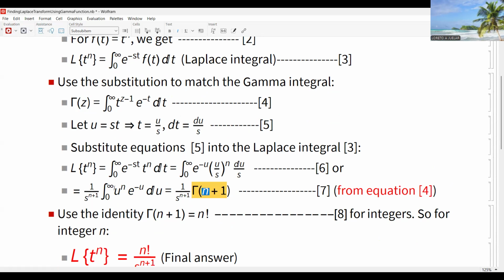This is our definition of the gamma function in terms of the integral. So this is the integral, and it is equal to this, by using this definition of the gamma function.